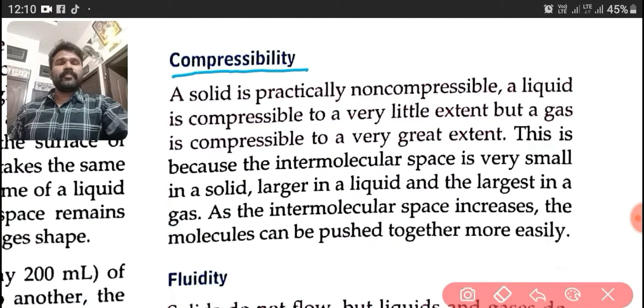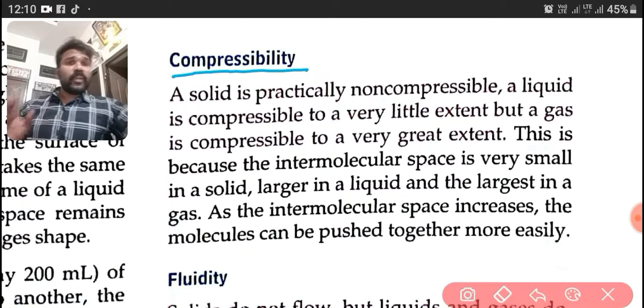Compressibility. A solid is practically non-compressible. We cannot compress solids. A liquid is compressible to a very little extent, but a gas is compressible to a very great extent. Please mark it.